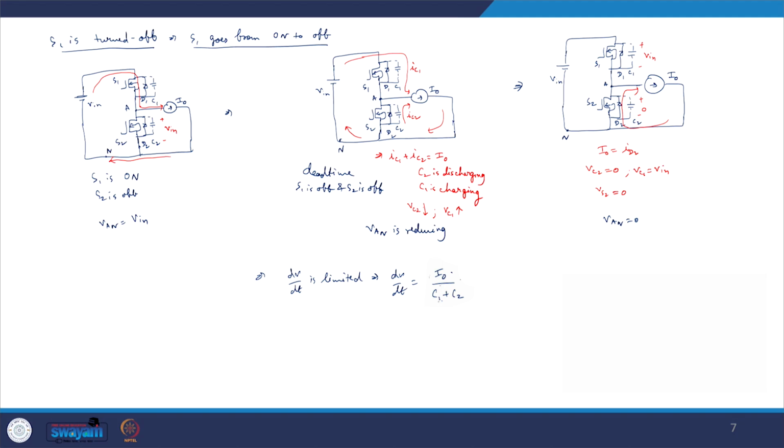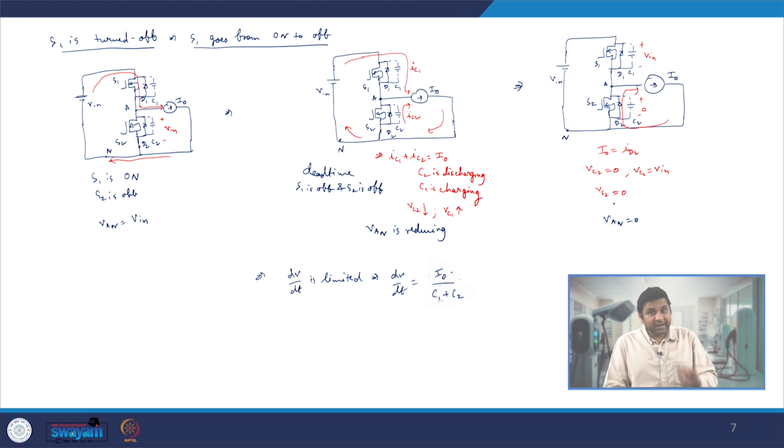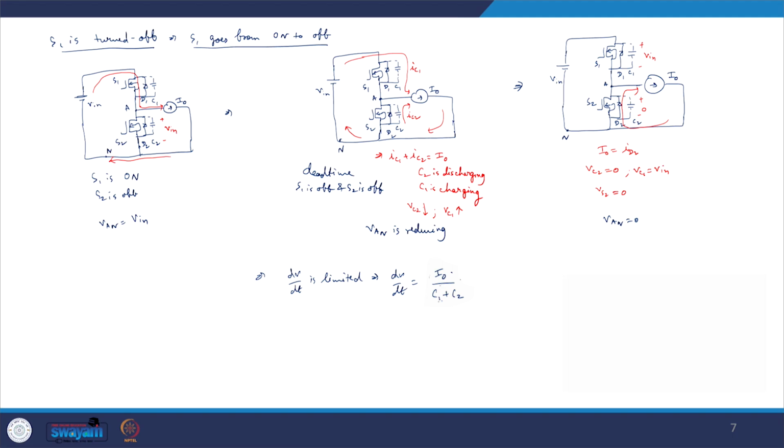I mean, it is independent of your gate to source circuit or your gate to source loop. So we have got VS2 going to 0, and we have limited dV/dt, which leads to good EMI performance, because you will not find any sharp edges or oscillations across the voltages of these devices.